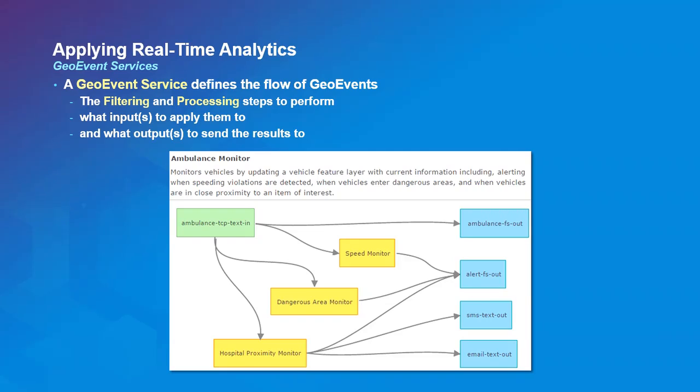When that vehicle enters that geofence, that 5-minute drive time, you can see here we're writing out to an SMS text output as well as an email out. So presumably we got an email and text message to the recipients at that hospital saying we're 5 minutes away from the hospital. Please prepare yourself.